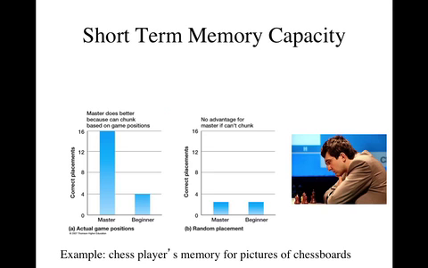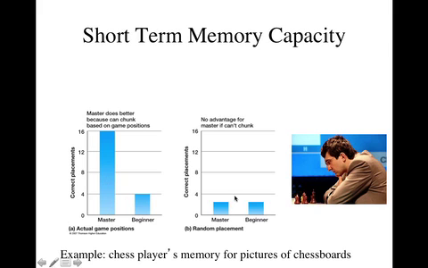Some evidence for this came from chess experts, who have been shown to be able to remember many more chess configurations than a beginner if they're shown a chessboard, but that only applies for legal, actual game positions. If it's random placement, then they can't.